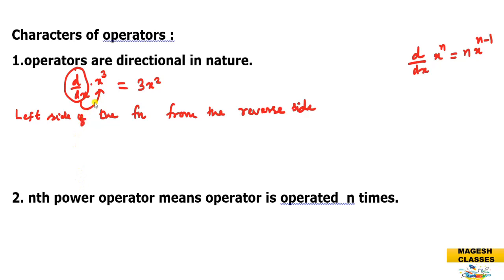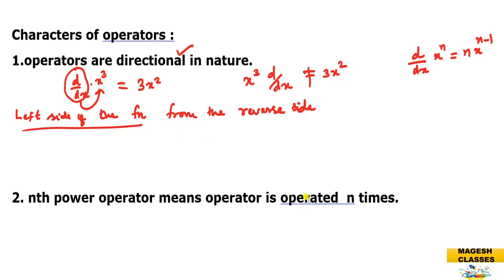Here d by dx operates on the left side of the function x cube. Suppose it is operated from the right-hand side, that is x cube d by dx. This is not equal to 3x squared. Okay. So operators are directional in nature. In a particular direction only it operates. What is the direction? The left side of the function.